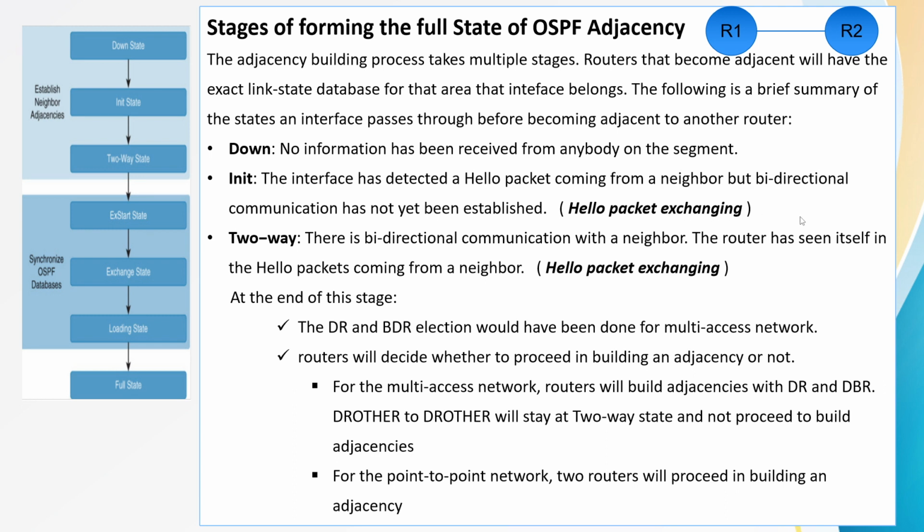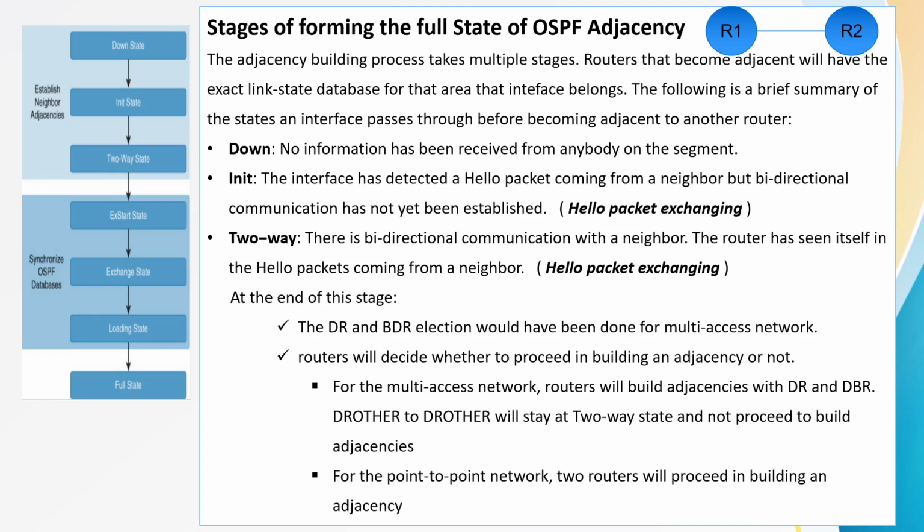The interface has detected a hello packet coming from a neighbor, but bi-directional communication has not yet been established. In that state, the router just received the hello packet, but didn't see its own router ID in the neighbor list in the hello packet.